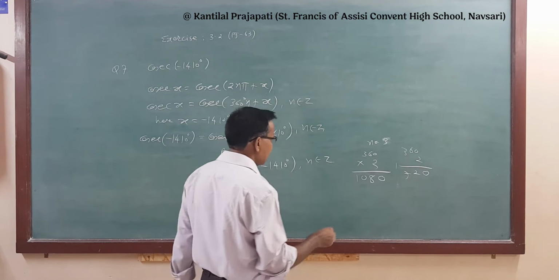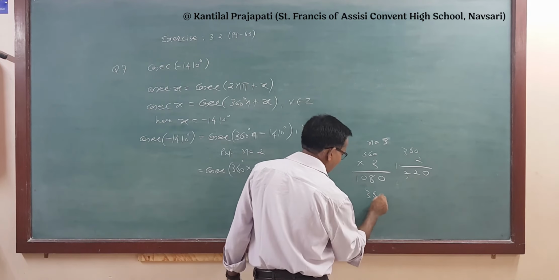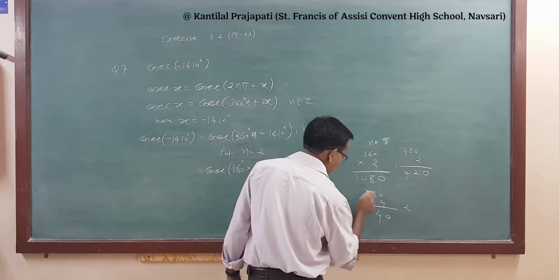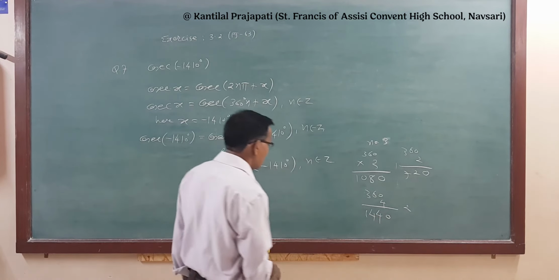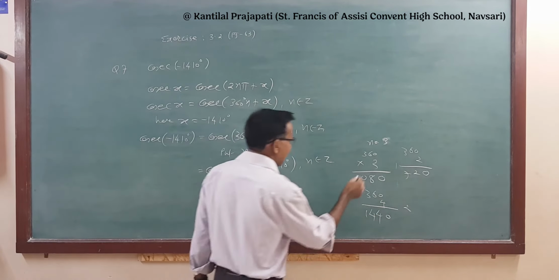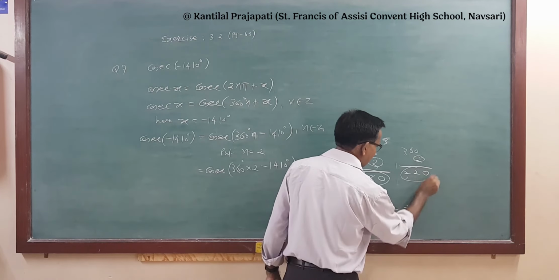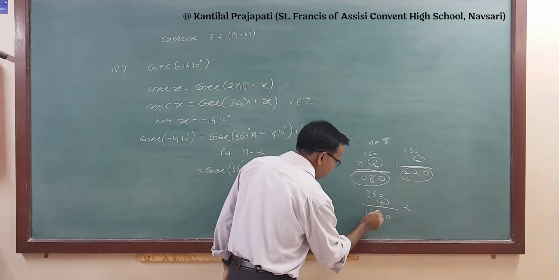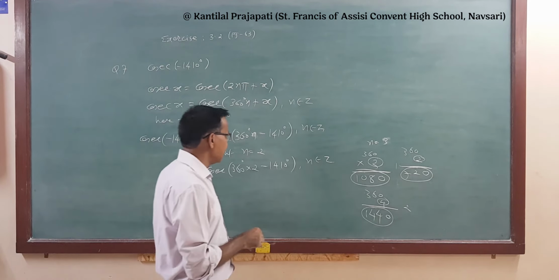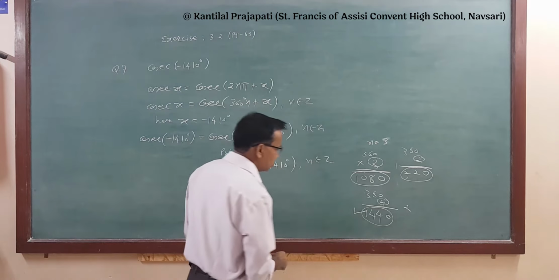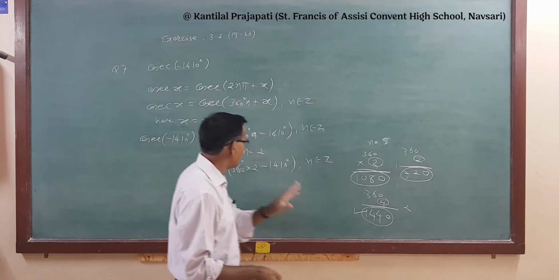Then 360 into 4 is 1440. So see here, if n is equal to 3, then it is 1080. If n is equal to 2, then you get 720. If n is equal to 4, then you get 1440. The nearest value to 1410 is 1440. So we take n is equal to 4, not n is equal to 2.